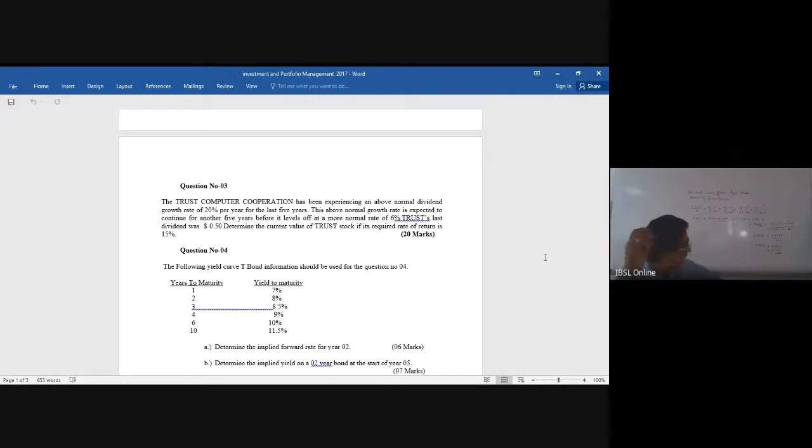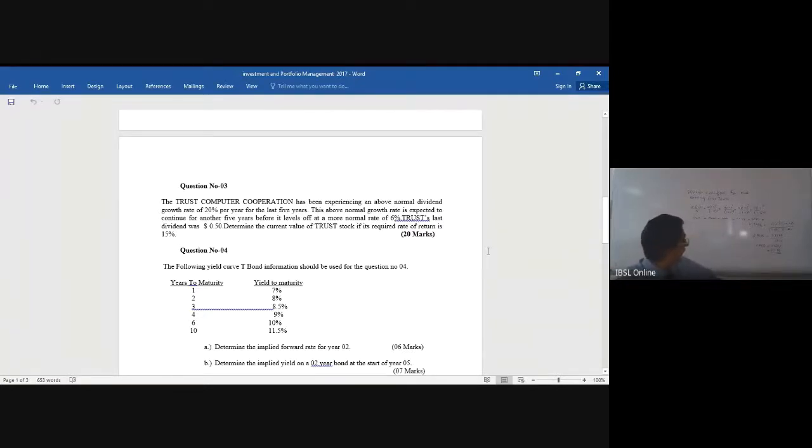Then 0.5 into 1.2 squared divided by 1.15 squared, plus 0.5 into 1.2 to the power 3 divided by 1.15 to the power 3, plus 0.5 into 1.2 to the power 4 divided by 1.15 to the power 4, plus 0.5 into 1.2 to the power 5 divided by 1.15 to the power 5. So these are the coming 5 years' dividend cash flows and their present values.